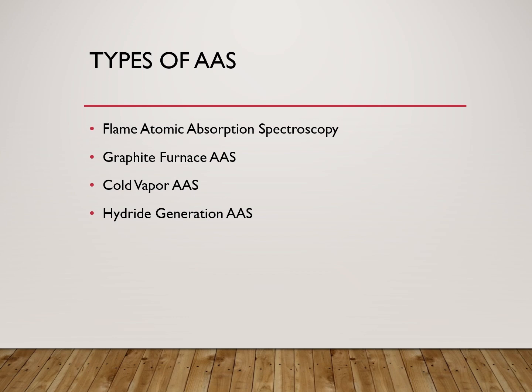There are several types of atomic absorption spectroscopy, depending on the atomization technique used. The major types include flame atomic absorption spectroscopy, graphite furnace atomic absorption spectroscopy, cold vapor atomic absorption spectroscopy, and hydride generation atomic absorption spectroscopy.